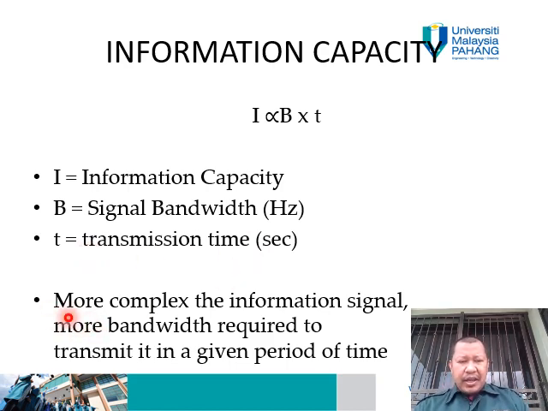So we can say that the more complex the information signal, the more bandwidth will be required to transmit the information in a given period of time. So more capacity needs more bandwidth and also more time. So I is directly proportional to B and T. That is information capacity.